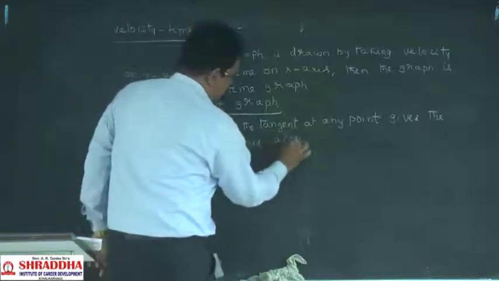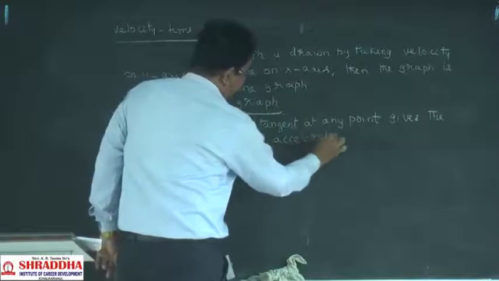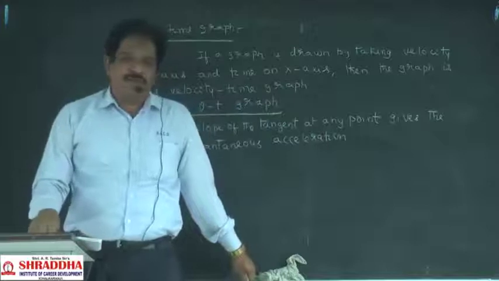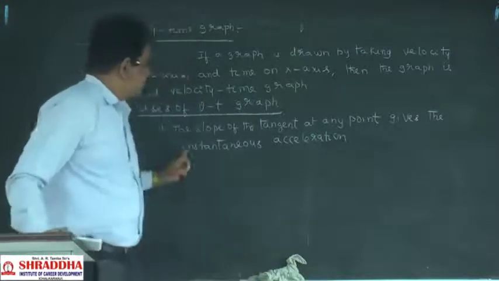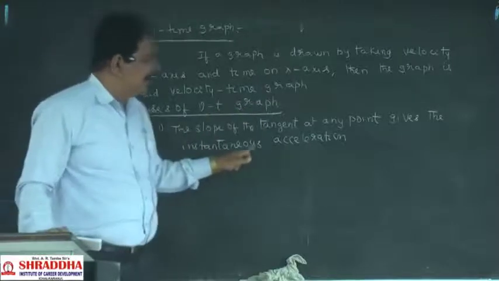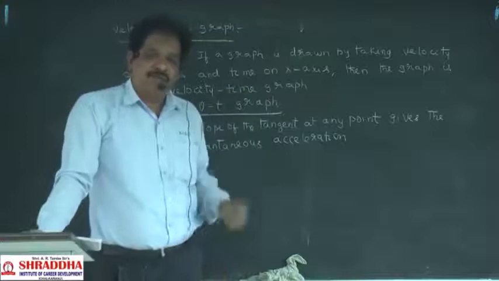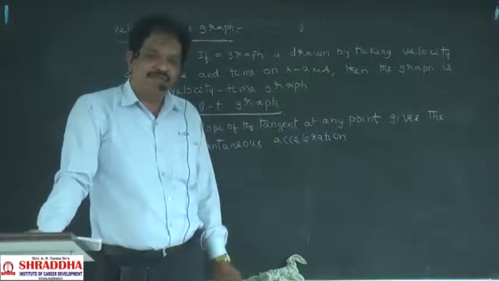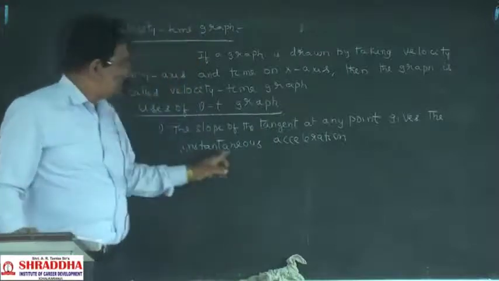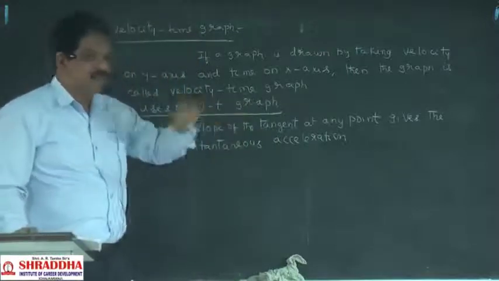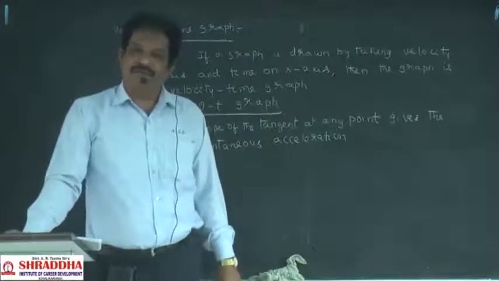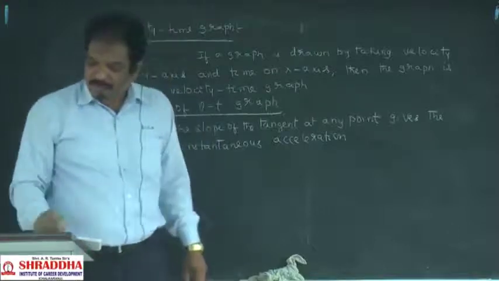In the displacement time graph, the slope of the tangent at any point gives the instantaneous velocity. Here it gives instantaneous acceleration. Clear?